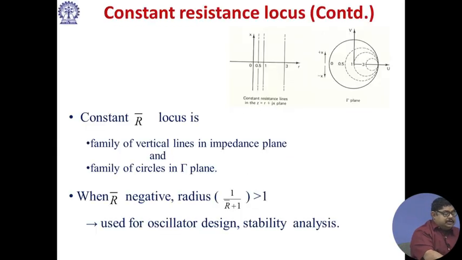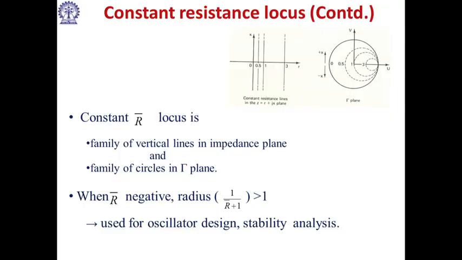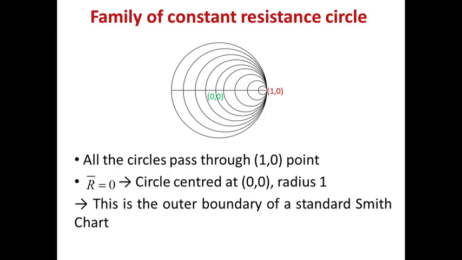So, in that case, the point has r bar negative, that means it is an active device; instead of dissipating it is giving power. So, the radius falls outside, it is more than 1, and it is used for oscillator design, stability analysis, etc.